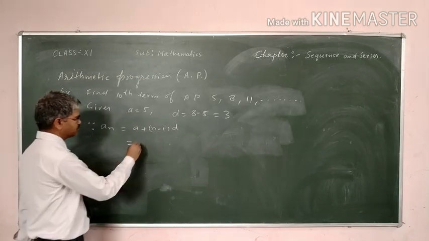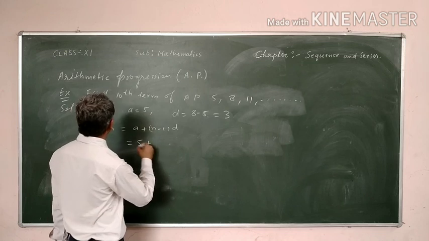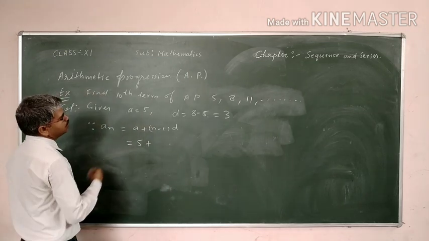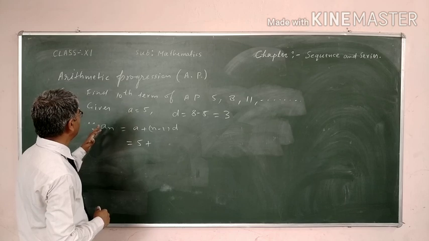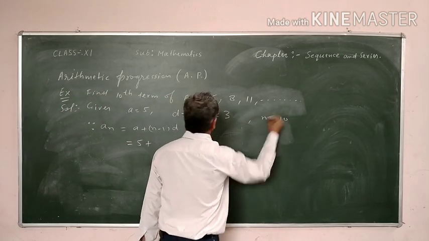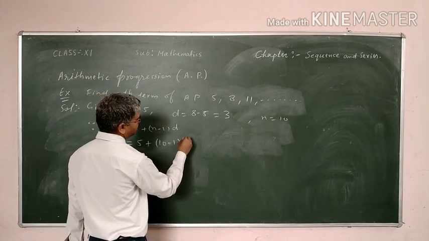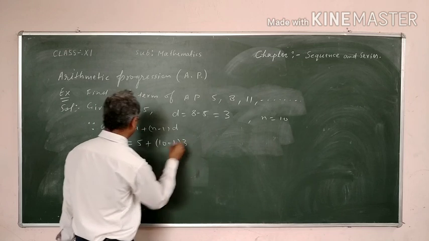A means 5, n minus 1. What is the value of n? n is equal to 10, because we are calculating the 10th term. 10 minus 1, and the value of D is 3.